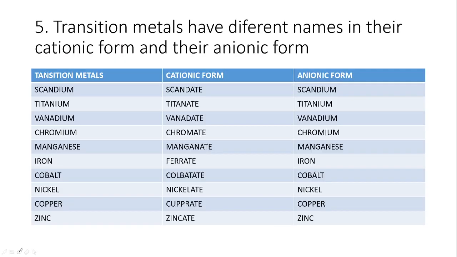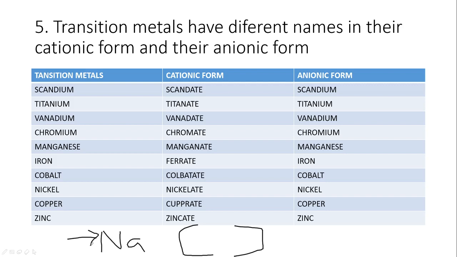Transition metals have different names in their cationic and their anionic form. Now take this into consideration. Let me just explain this a little bit. I'm going to be writing downward. When a metal is present, let me just use Na, and the square bracket represents the transition metal. When a metal is present, the metal then becomes the anion.